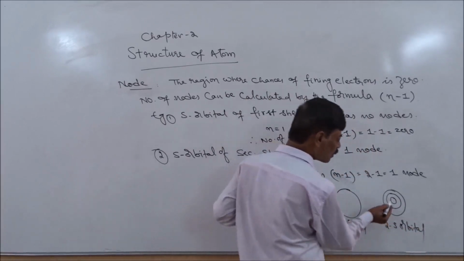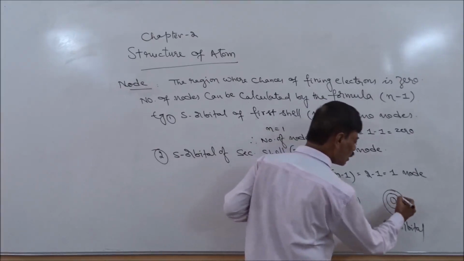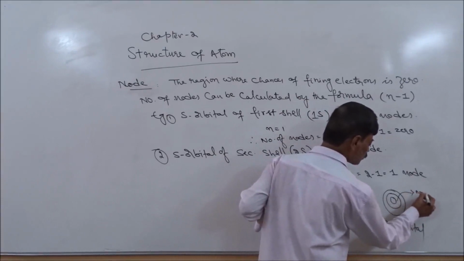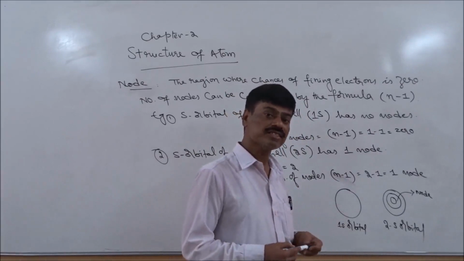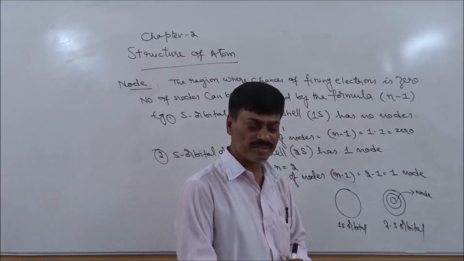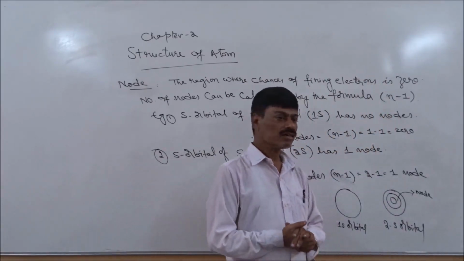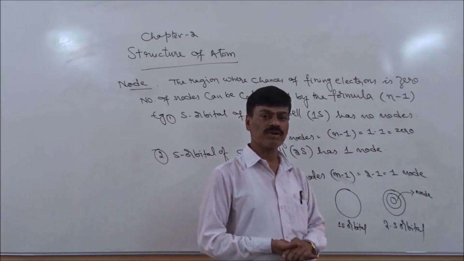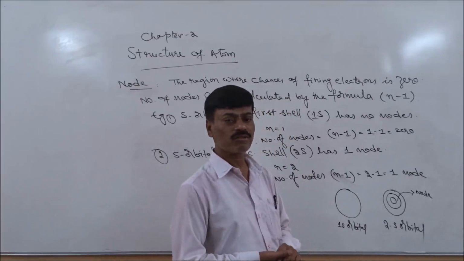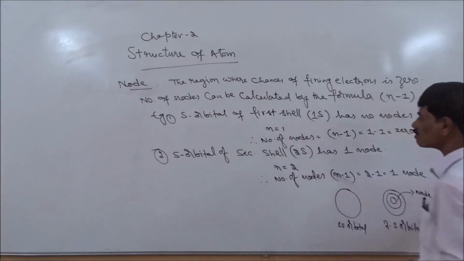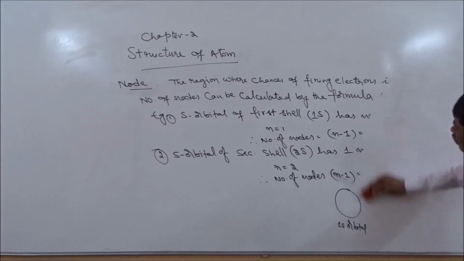In this 2s orbital, the area lying around the small circle is said to be the node, where chances of finding electron is 0. So in that way, the number of nodal surfaces are calculated. If we move to 3s, then 3 is principal quantum number. So in the n minus 1 formula, if we substitute n value equal to 3, then we will get 2. That means 3s has 2 nodal surfaces. That's about calculation of nodal surfaces.